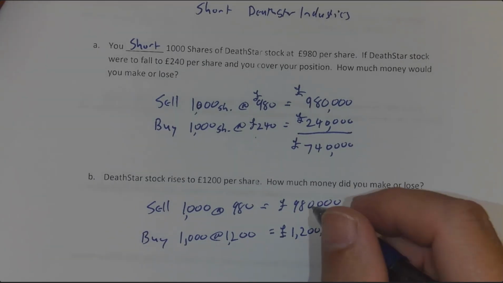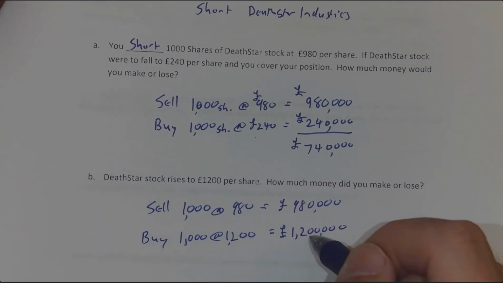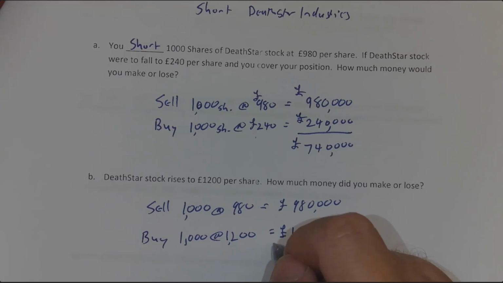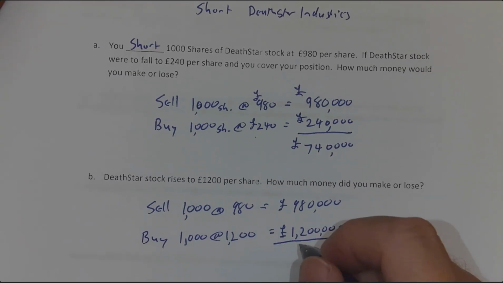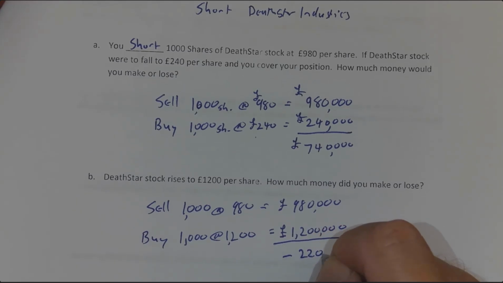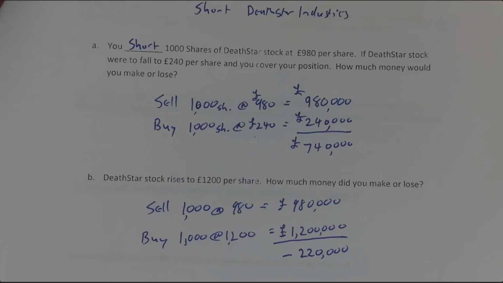In this case, now we take the difference. We bought at 1,200, we sold at 980. Again, it's just reverse order. But what we did there is we lost 220,000 pounds. So the stock went the wrong way. We thought it was going to go down.